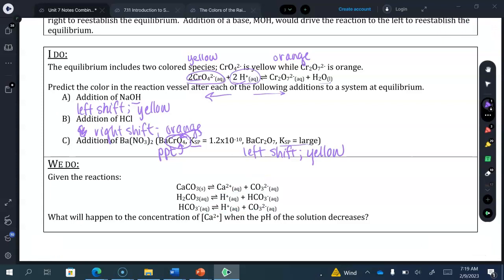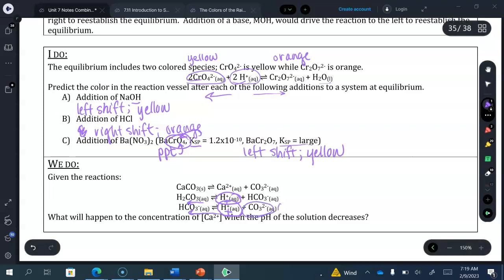My apologies. If you decrease the pH of a solution, so remember acidic solutions have a higher concentration of the hydrogen ion because it's a negative log function. So if we're decreasing the pH, that means that we are increasing the hydrogen ion concentration. So we're going to shift towards this direction. Okay. That means that we are losing this.